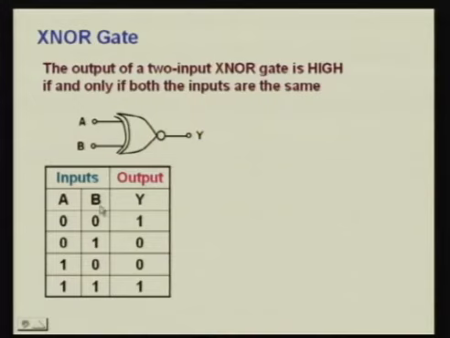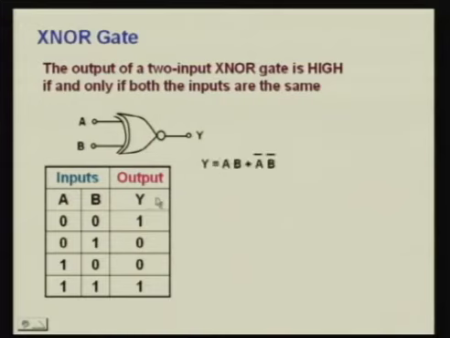So this is the truth table for the XNOR gate. We have inputs A and B and output Y. If both the inputs are the same, only then will we get the output. So we get output corresponding to the first row and the last row of the inputs: this will be 1 and this will be 1, but for unequal inputs we get the 0 state. Again we can construct the output using the truth table.